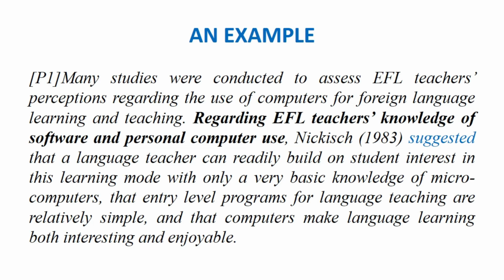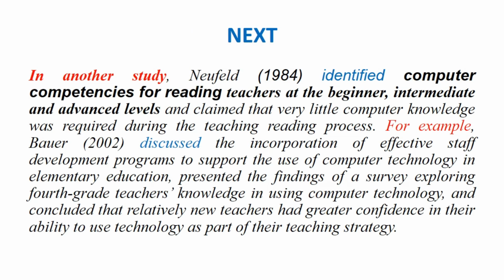This is an example of a literature review which is organized based on the date of the references, starting from the oldest one. This reference is from 1983 and addressed in one paragraph, and the next one is from 1984 and also 2002.